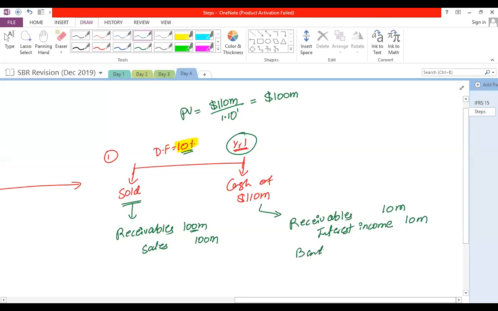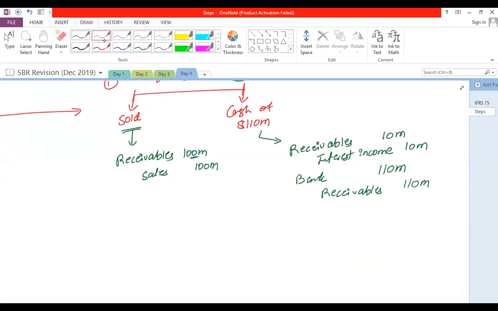And now when we receive the amount of 110 million, we are going to debit the bank and credit the receivables by 110 million. So this is how we are going to record the transaction in case where we are receiving the amount in the later years. We are selling the goods today, but we are receiving the cash in the later years.